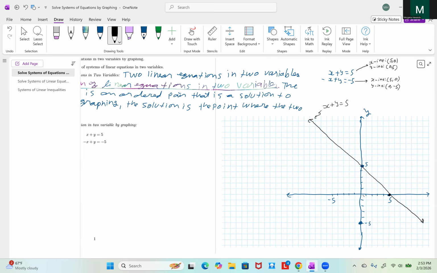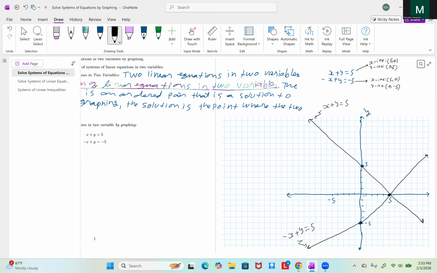So 5, 0 is this point, and the y-intercept 0, minus 5 is the second point here. Connect the two intercepts, x and y, and extend the line beyond. And this is the line for the second equation, which is minus x plus y is equal to minus 5.